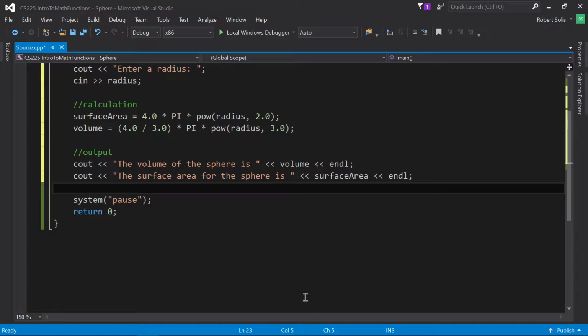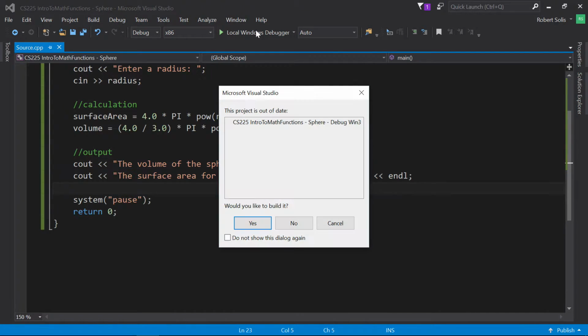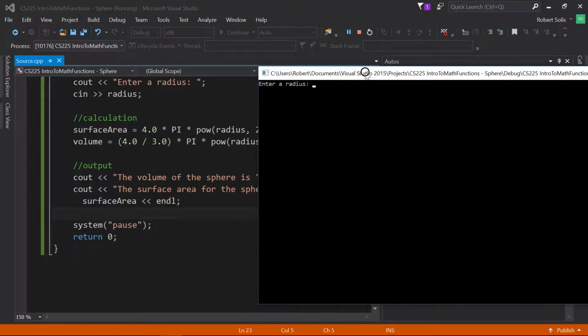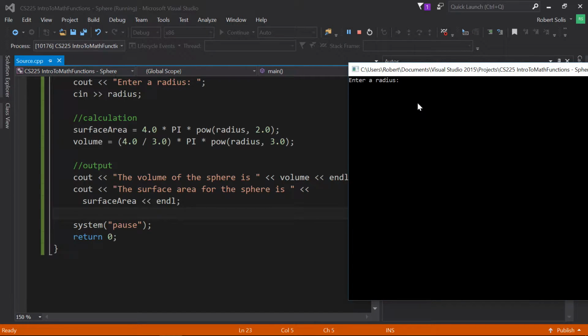Now let's run the program and see what happens. I'm going to build it and enter a value for radius. So I'll enter 3. And it says over here that the volume is 113, the surface area is also 113. Wow, is that right? The volume and the surface area are the same when the radius is 3? Well, let's see what happens.